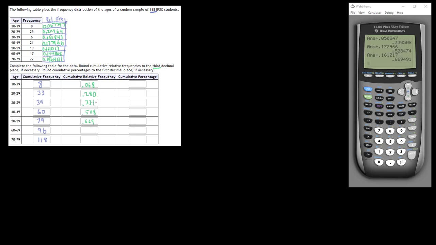Then the next relative frequency, we would add, let's see, 0.144068. And we get 0.814 if we round that to 3 places.